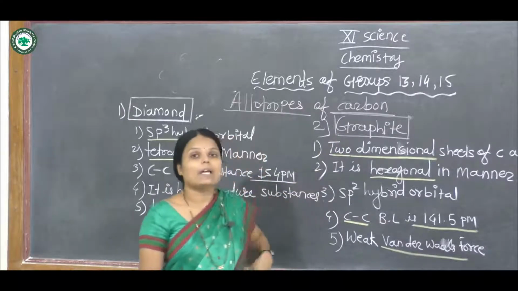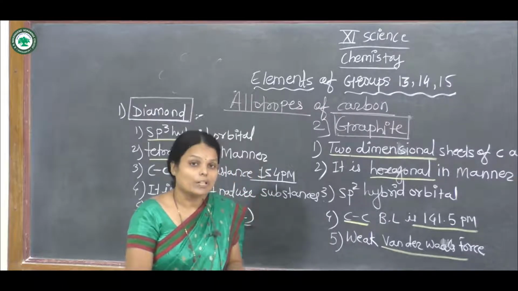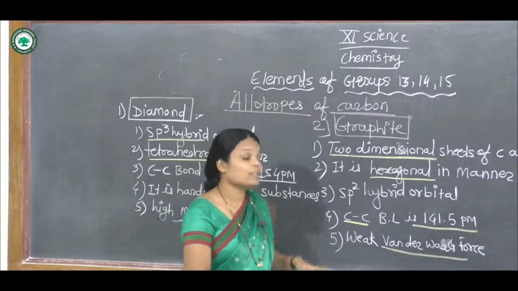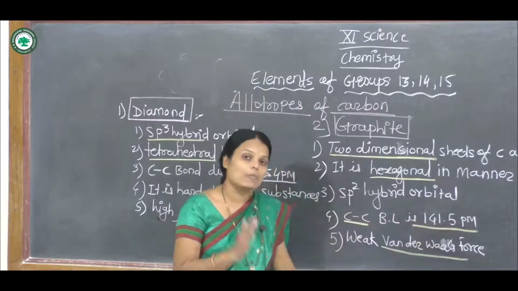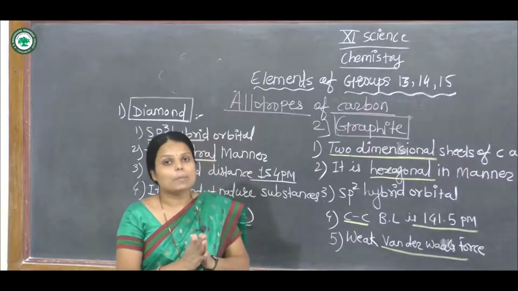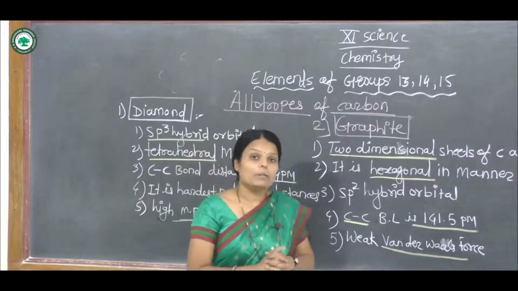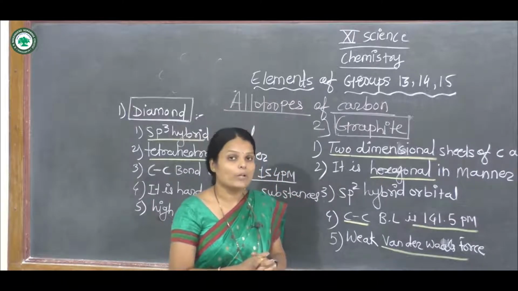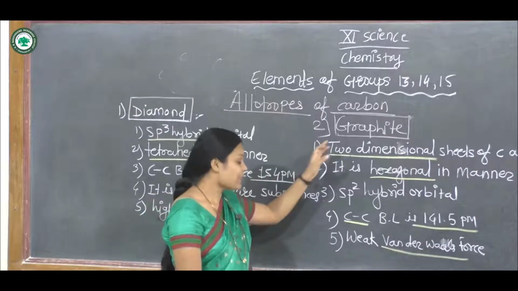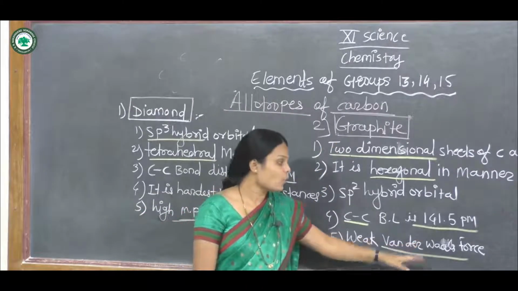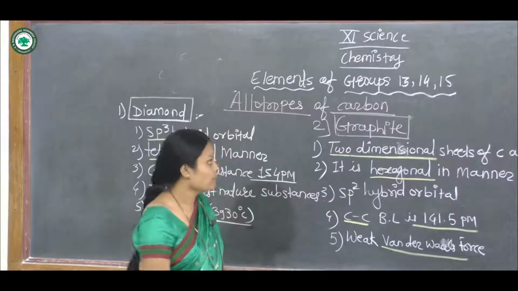The carbon-carbon bonds are joined to each other, and the carbon-carbon bond length is 141.5 picometer. Weak van der Waals forces act between the layers in graphite.